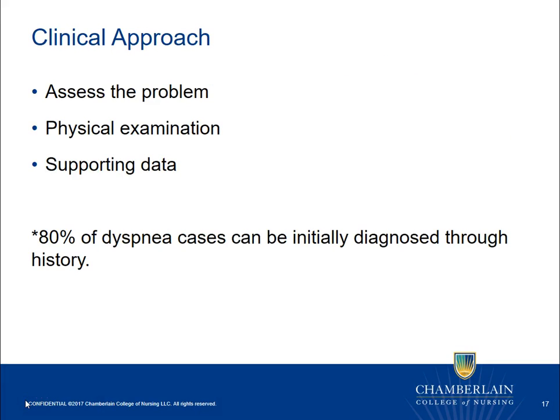Now that we know the different types of dyspnea and how to categorize them anatomically, let's talk about the clinical approach to establishing a diagnosis in order to guide treatment.